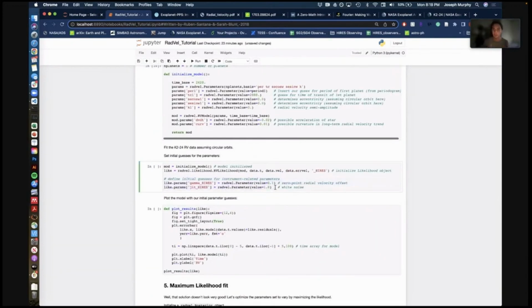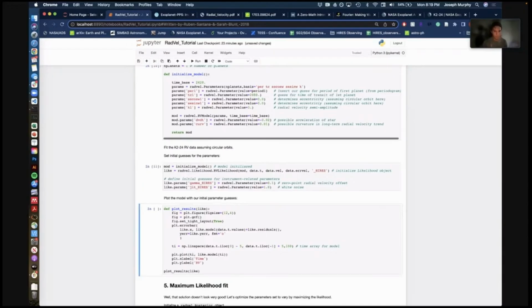You'll see this a lot in radial velocity analysis. Each spectrograph that's used to collect radial velocity data will need a different offset term and a different, we call it a jitter term. The jitter term kind of encapsulates some of the systematic error and uncertainties that go into observing.